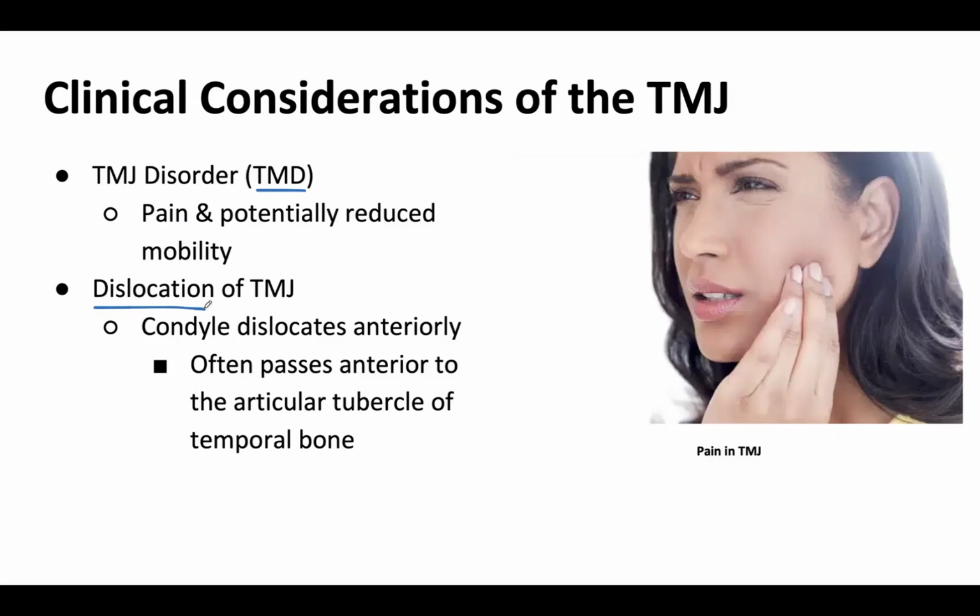A dislocation specifically of the TMJ almost always happens anteriorly, and it's going to be a displacement of the mandibular condyle from its proper place. So again, these are almost always an anterior dislocation, meaning that condyle will move too far anteriorly. Specifically, it typically passes anterior to the articular tubercle of the temporal bone.